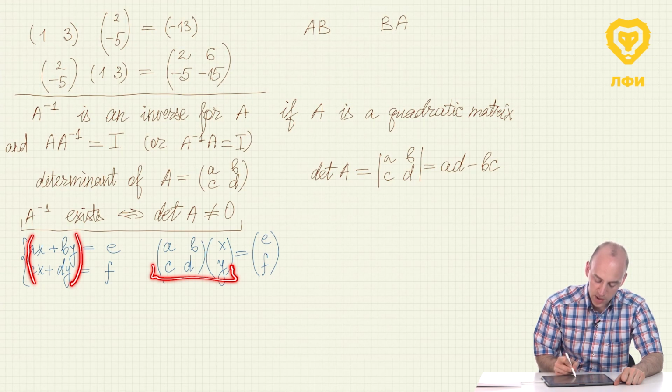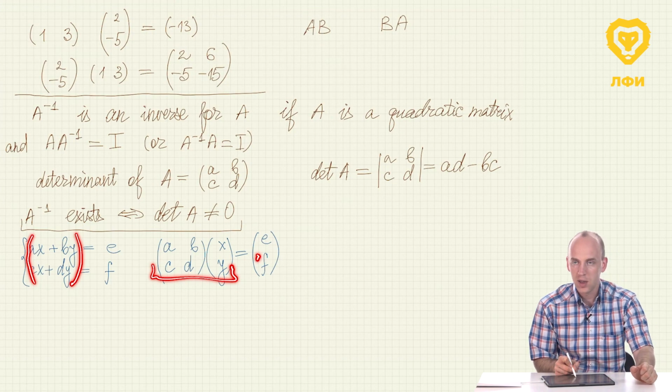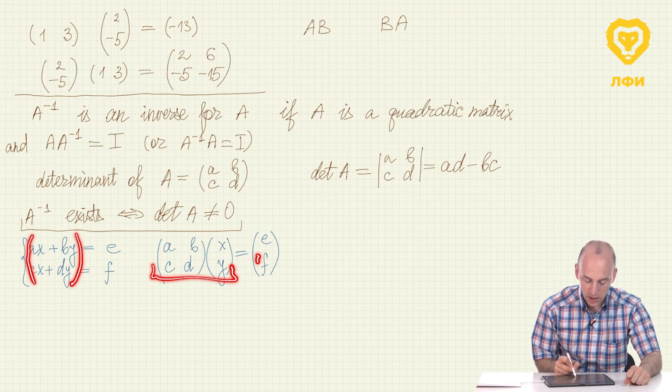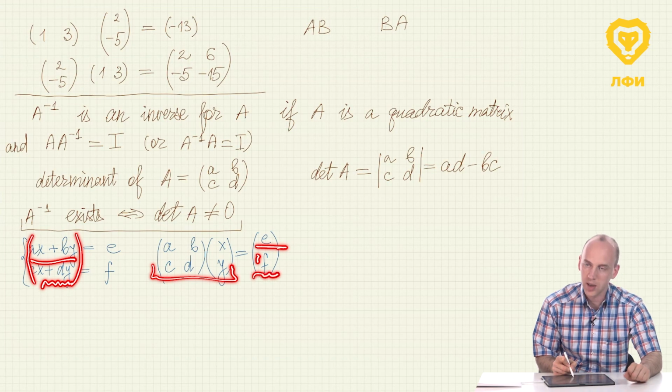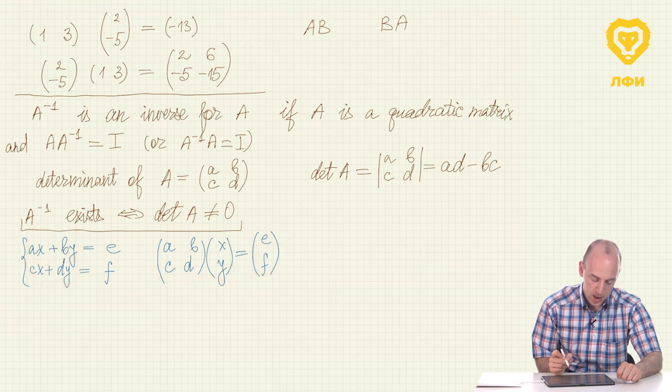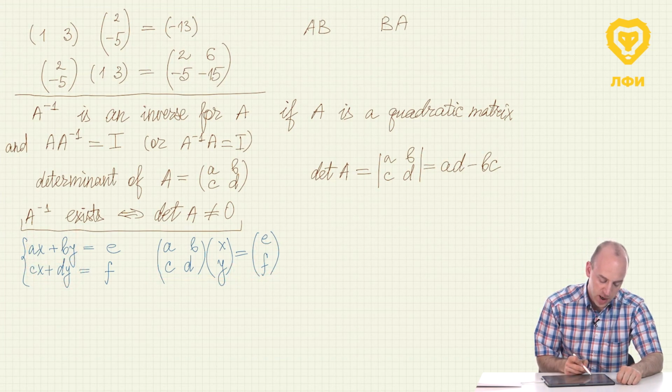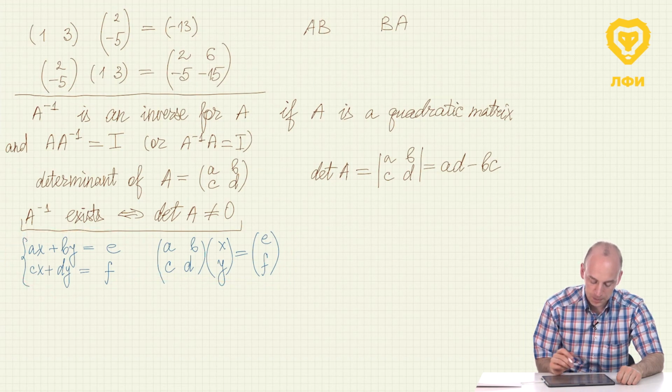And if the matrices are equal to each other, it implies that they're equal component-wise. So the first component is equal to the first component, and the second component is equal to the second component. And from here we derive that, if this one holds, it is equivalent to the system of equations.